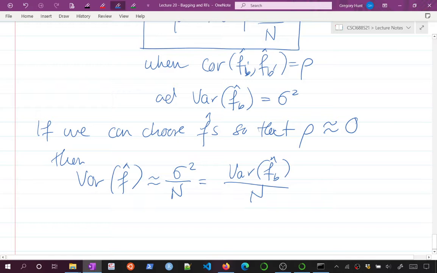And so what we have done here is reduce the variance.